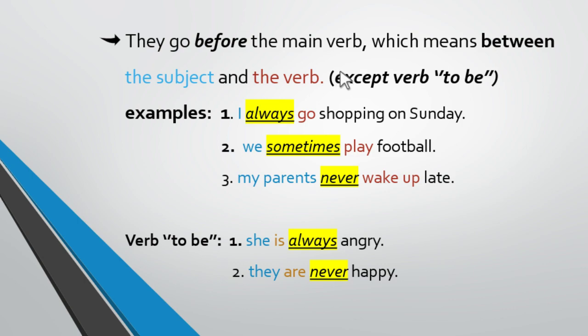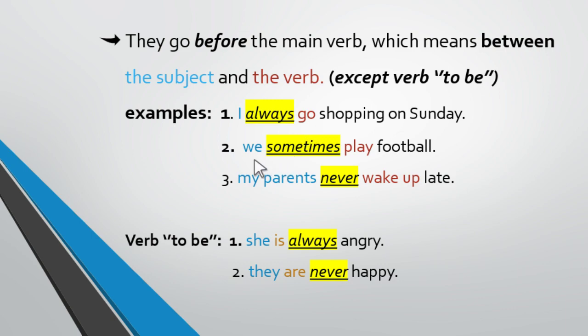And this rule doesn't really apply for verb to be, so we're not going to see verb to be here, okay? Example number 1. I is the subject. Go shopping on Sunday. Go is the verb. So what we do here is we put the adverb of frequency always between the subject and the verb, you see? And it becomes, I always go shopping on Sunday. 100% of the time I go shopping on Sunday.